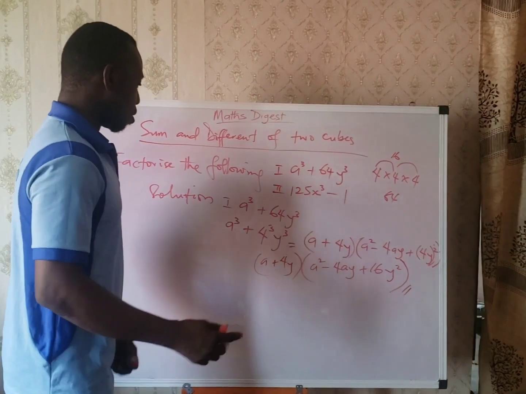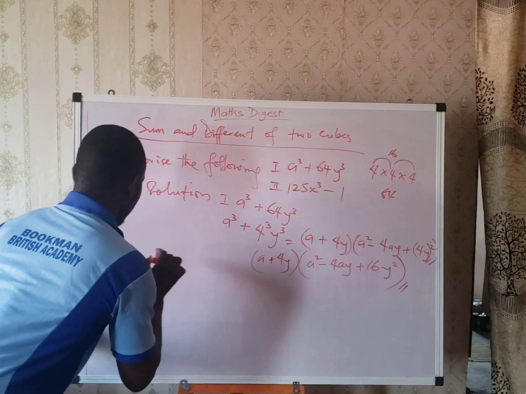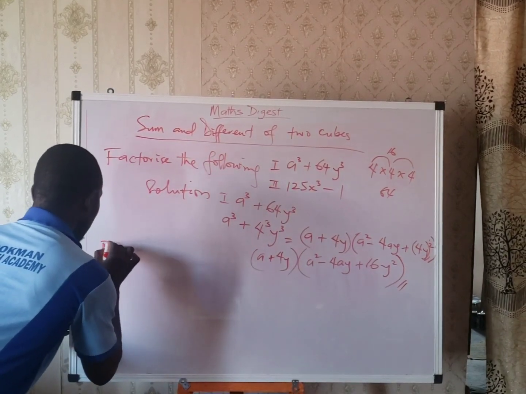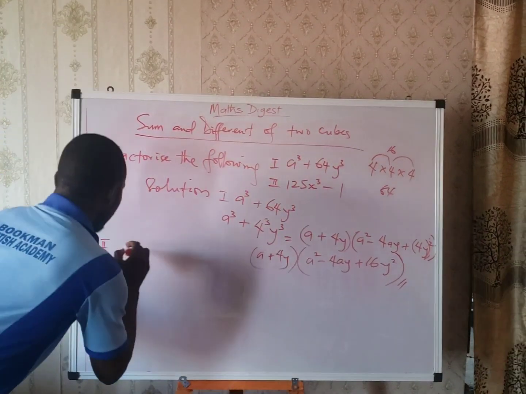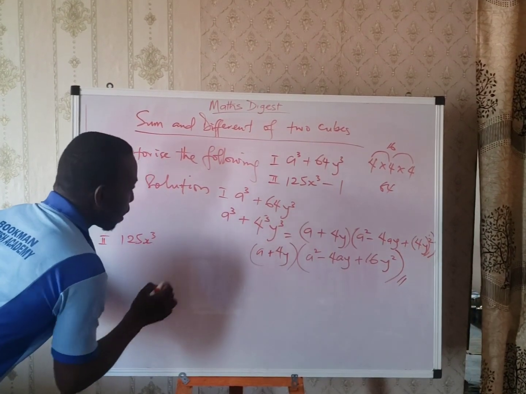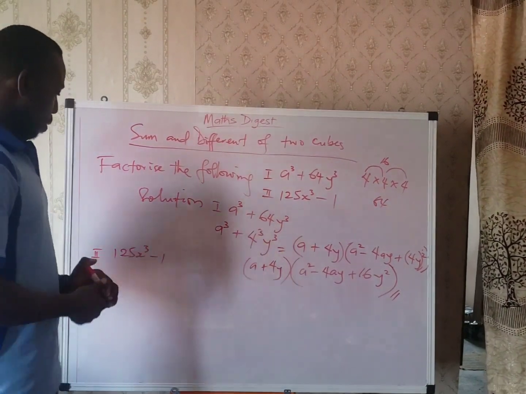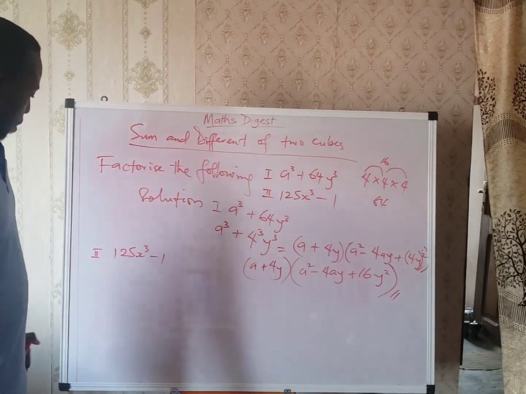Okay, now number 2, we have 125x cubed minus 1. Now I want you to pay attention here.